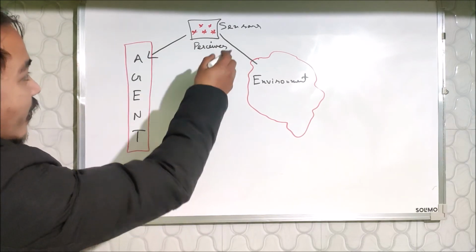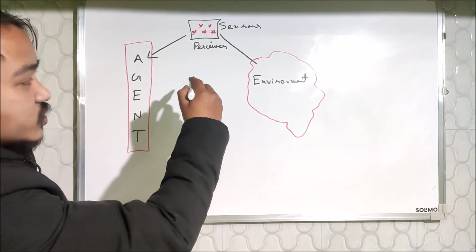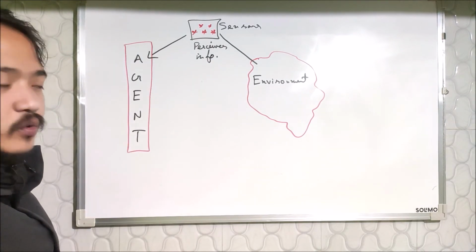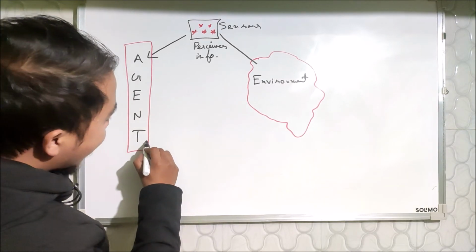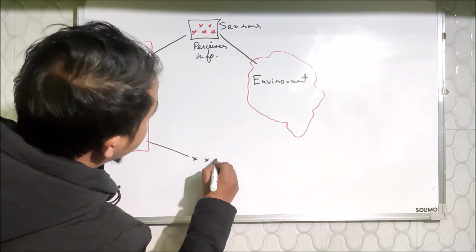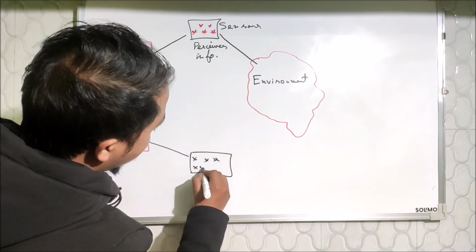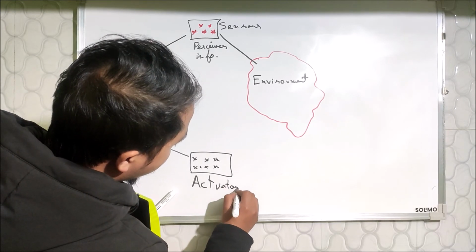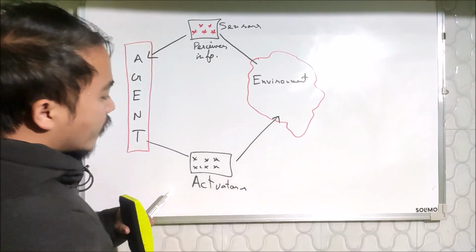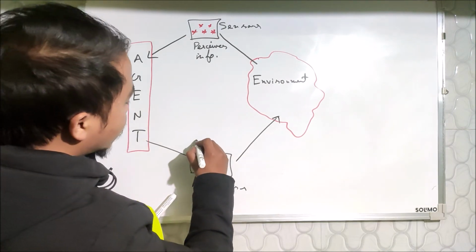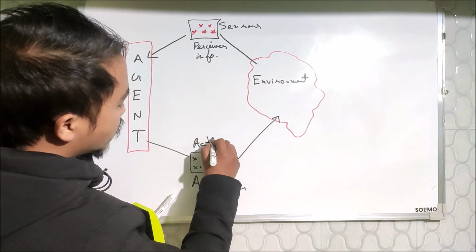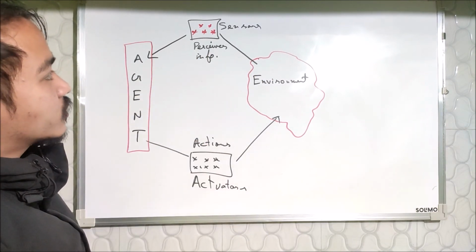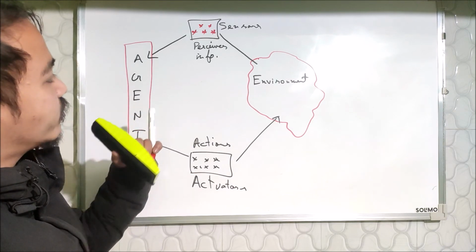After it perceives the information, based on the situation, it performs some actions. Let's say these are actuators. It performs actions back to the environment. So this is a very simple working function of an agent.